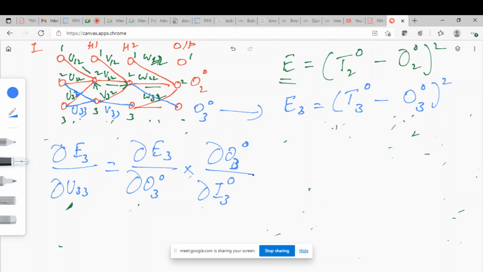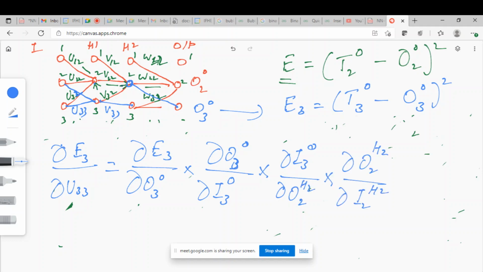Now this input depends on what? O2H2. Yeah, good. And this depends on what? Its own input, I2H2.